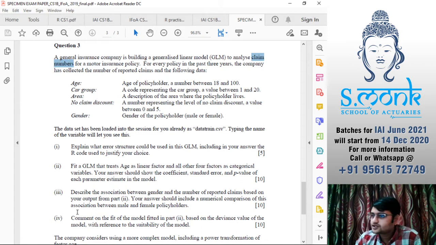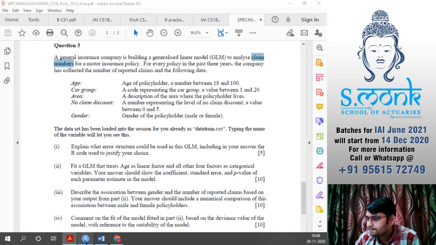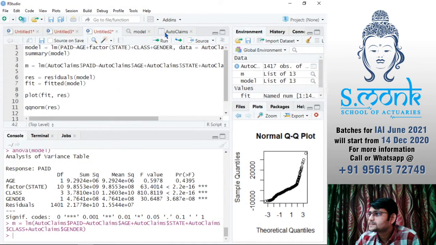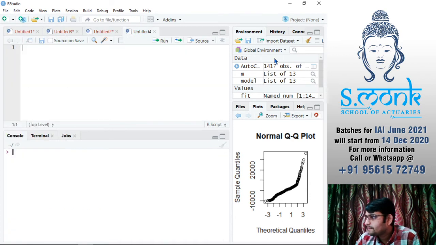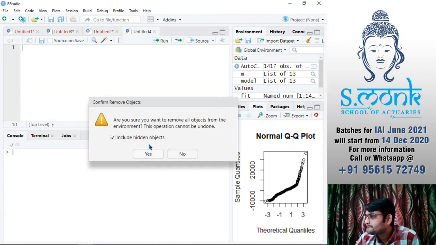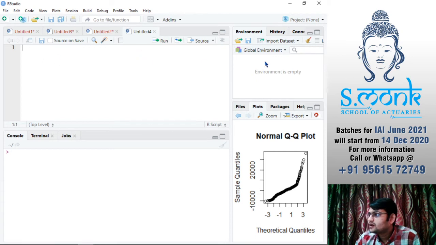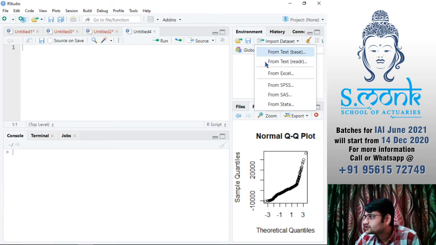Anyways, I will just show you the data. I'll import text.